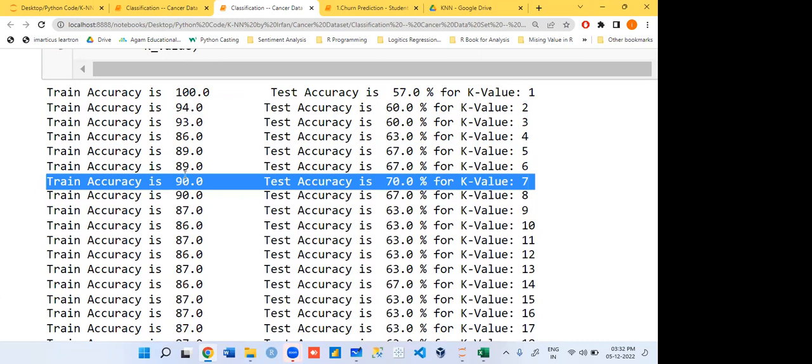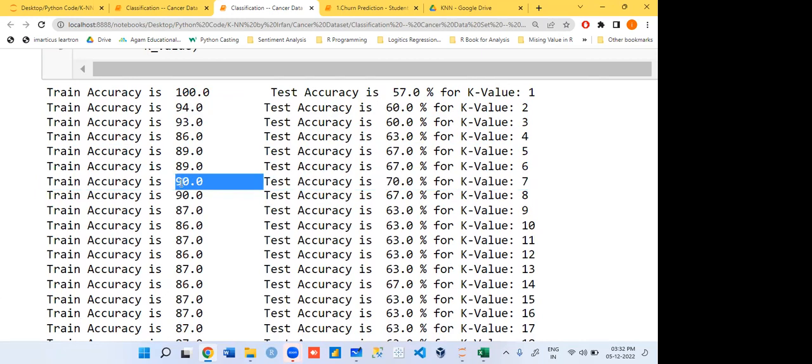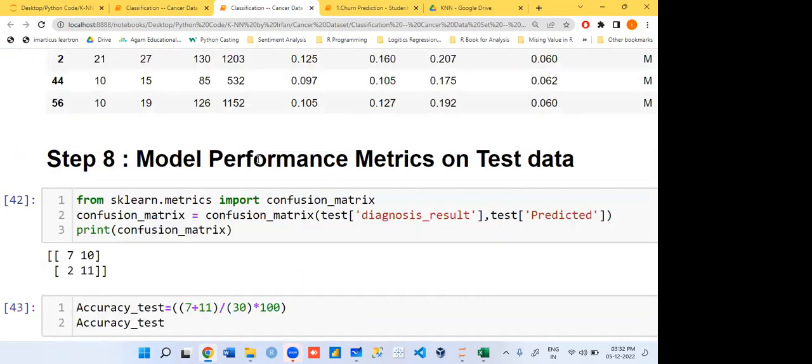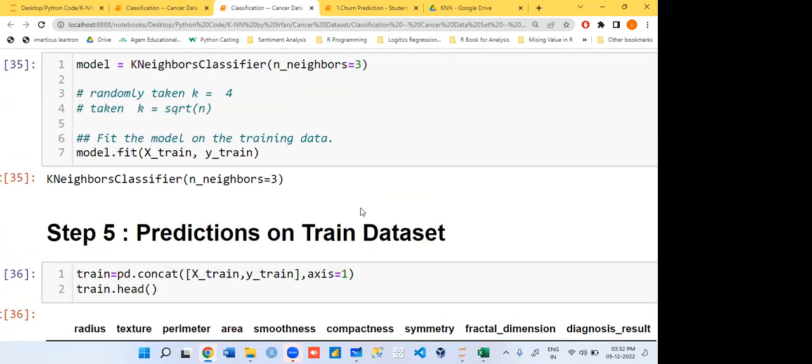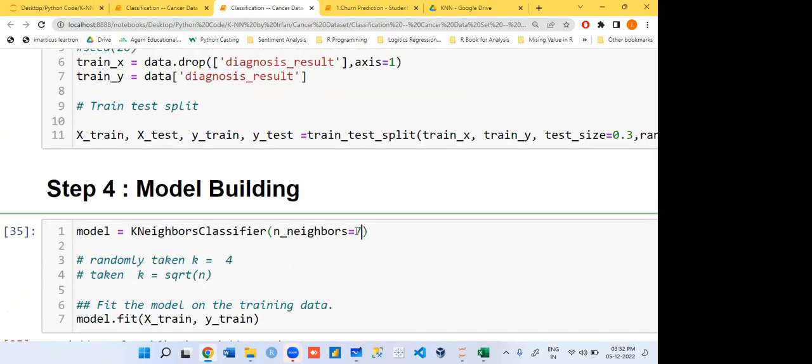So K7 is how much for training? 90, under the range of good fit, and 70 under the border range of good fit. Let's try this. 7.